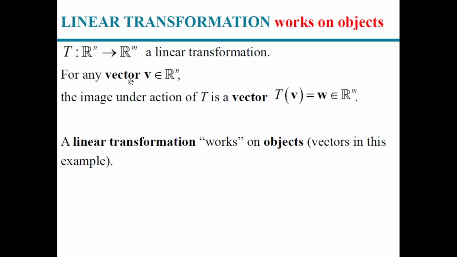As input, I have a vector V in Rn, and then I apply the linear transformation T, and I get the image of the vector V under action of linear transformation T. So the image is T of V. That image is again a vector that lives in Rm. So linear transformations work on objects. In this case, because we are working on linear spaces Rn and Rm, the objects in question are the vectors.